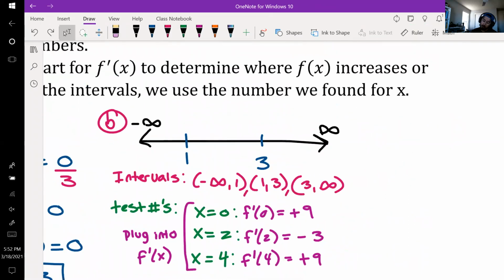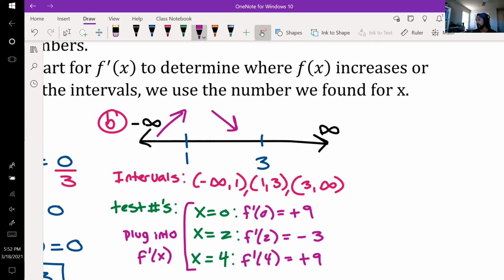So what we're saying is that when we picked a test number of 0, that was in between -infinity and 1, we saw that no matter what number you pick, you're always going to get a positive outcome. So this means that from -infinity to 1, the function is increasing. And then when we picked a number between 1 and 3, we saw that the output was negative, which means no matter what number you pick between 1 and 3, the outcome's always negative.